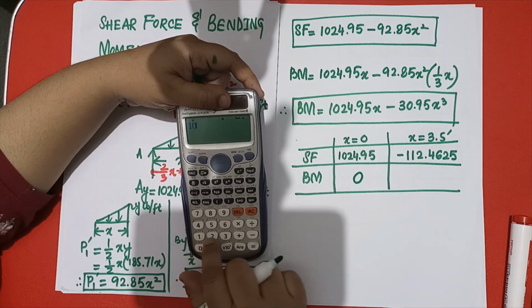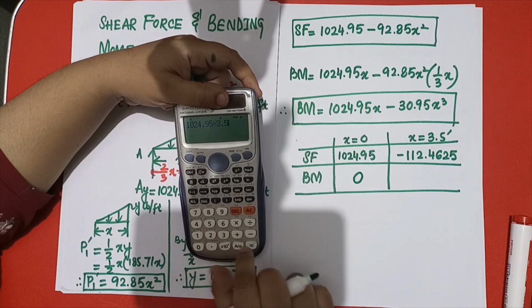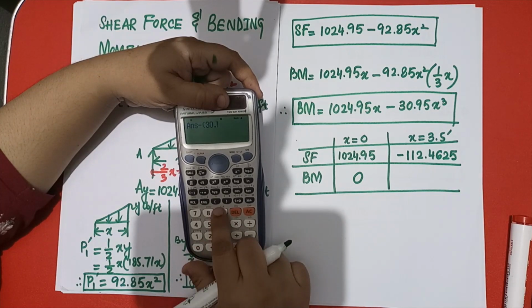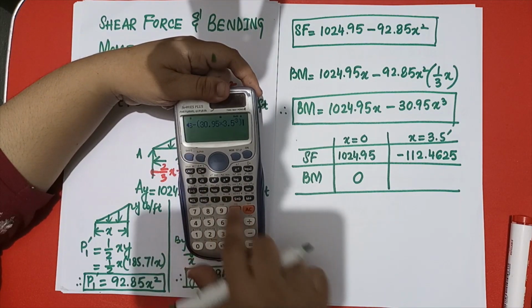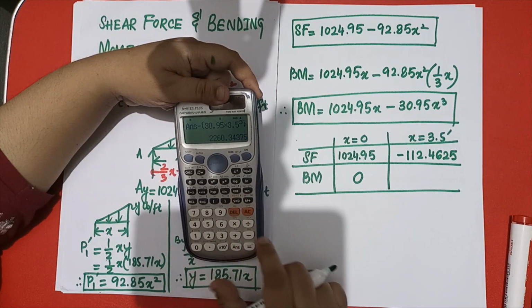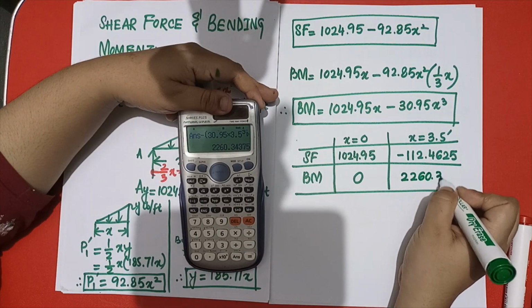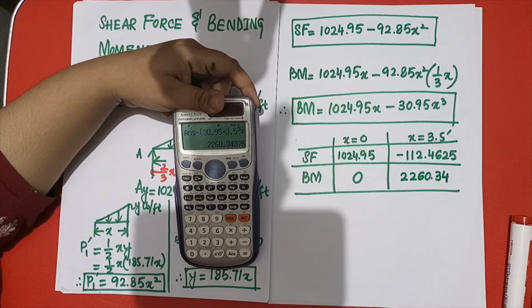And the next is 1024.95 multiplied by 3.5 feet minus 30.95 multiplied by 3.5 cube. The answer is coming out to be 2260.34. So this is the way to calculate the answer.